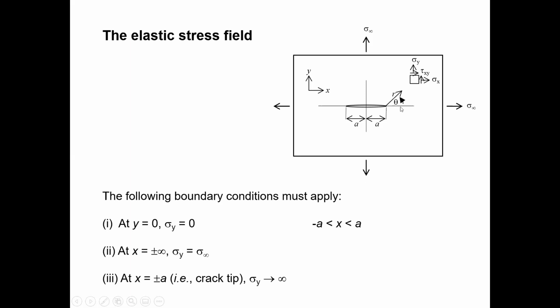And here x can be lower than minus a and higher than a as well, because this cannot be 0. Sorry, it should be this side. So it cannot be 0 because x can only be from here to here, and here to here.